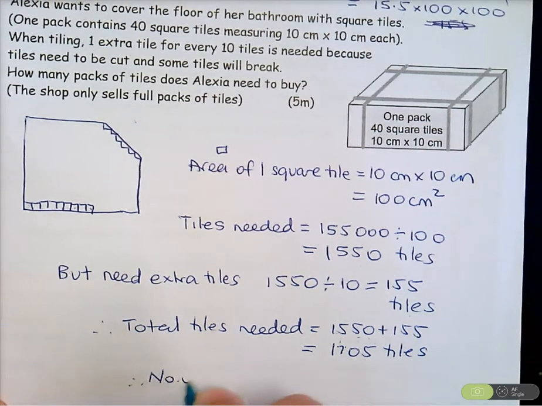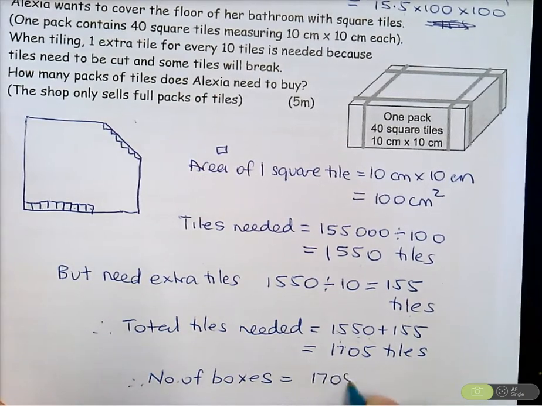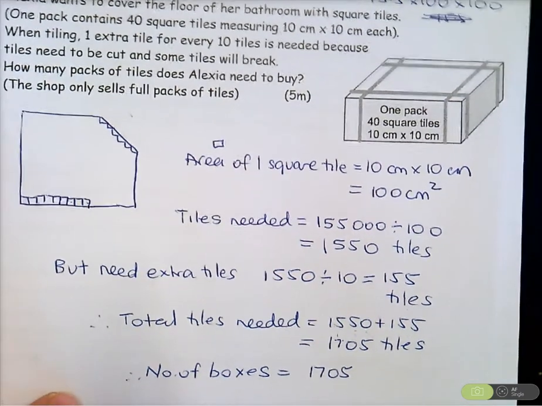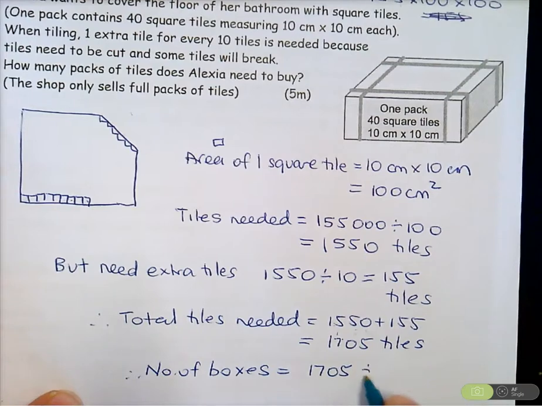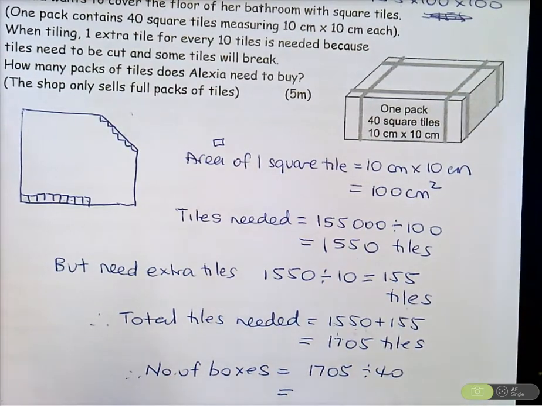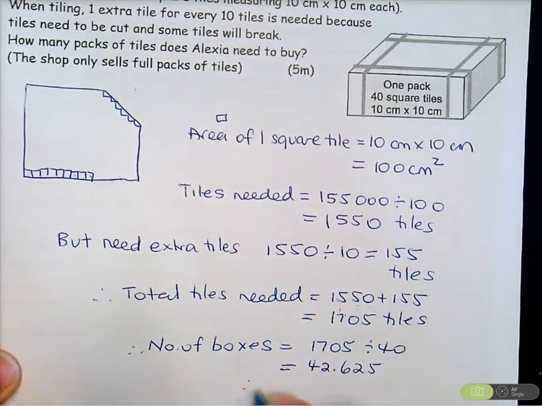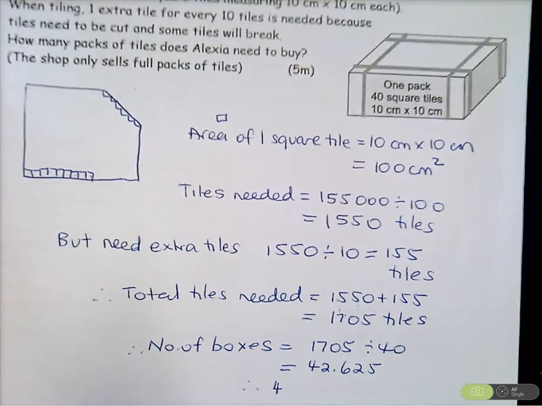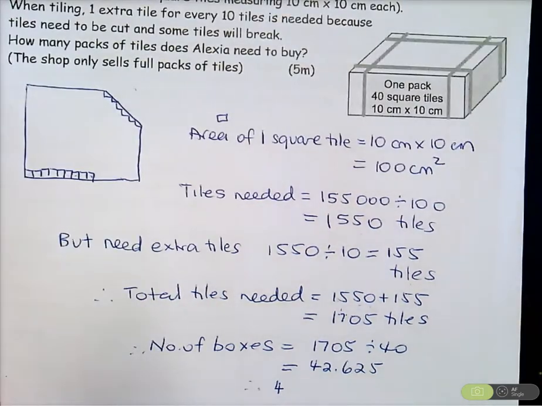Therefore, the number of boxes that you need will be 1,705 divided by 40. Girls, if you buy 42, you don't have enough. You need 43 boxes. You need more than 42, don't you? So therefore, you need to buy 43 boxes.